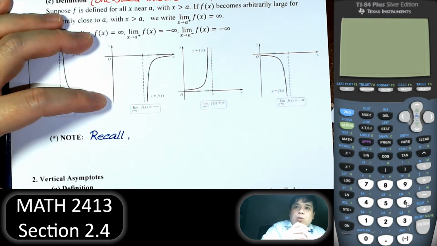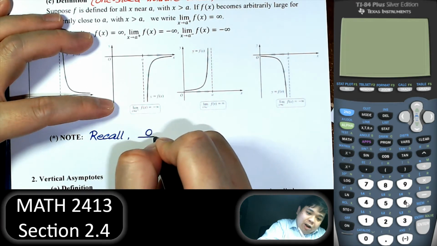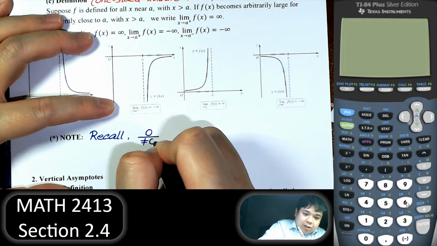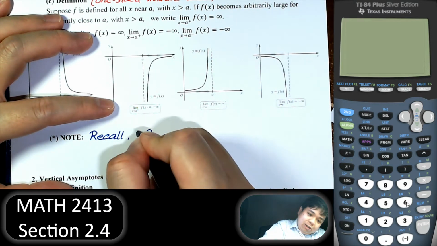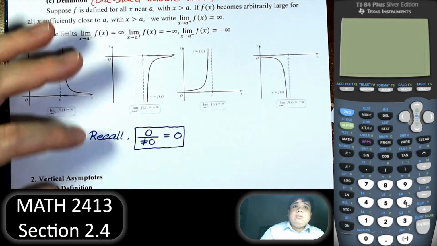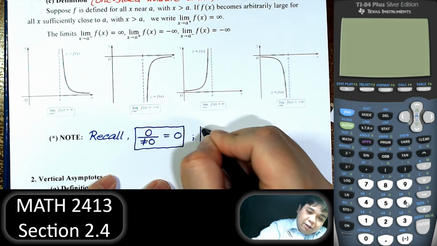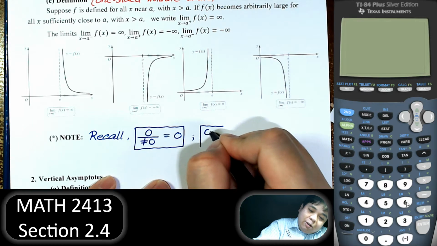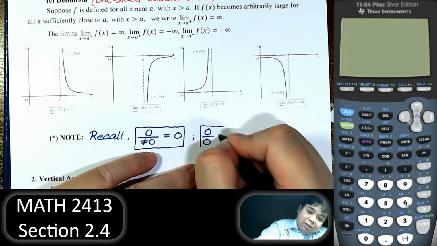Remember in section 2.3 we said that 0 divided by something else is equal to 0. Now, if we have 0 divided by 0, it is indeterminate.